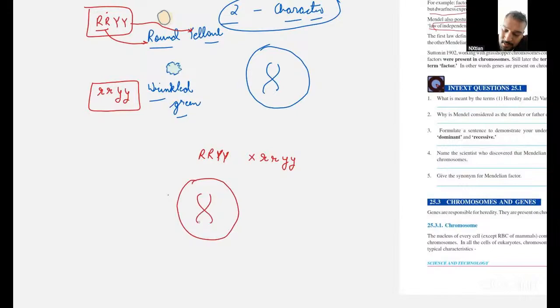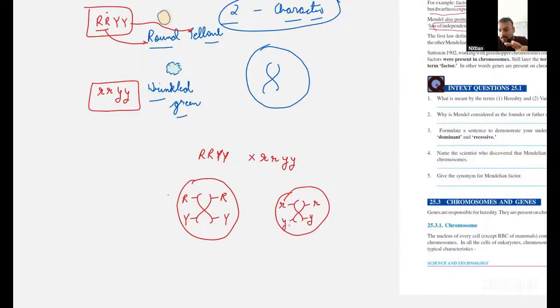This strand has capital R and another has capital Y. This strand also has capital R, and this strand also has capital Y. If I make a chromosome of this, this will have small r, this small y, this small r, and this small y.